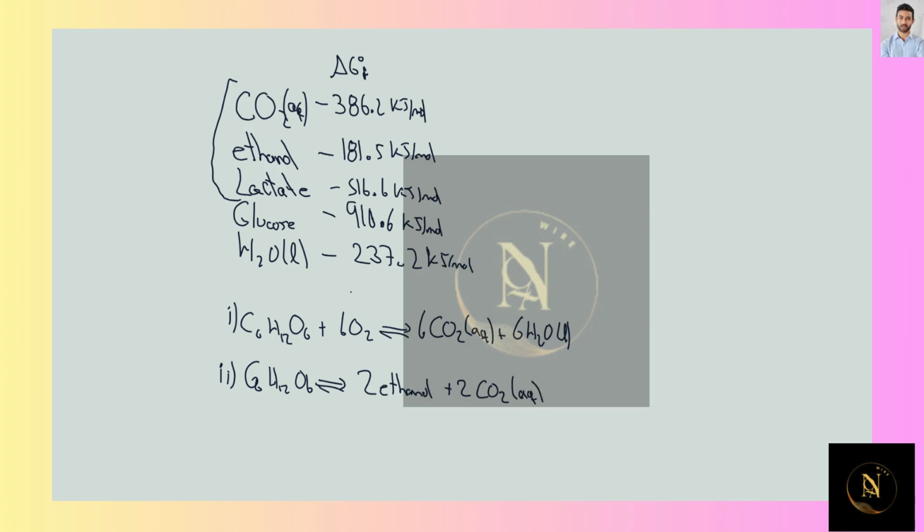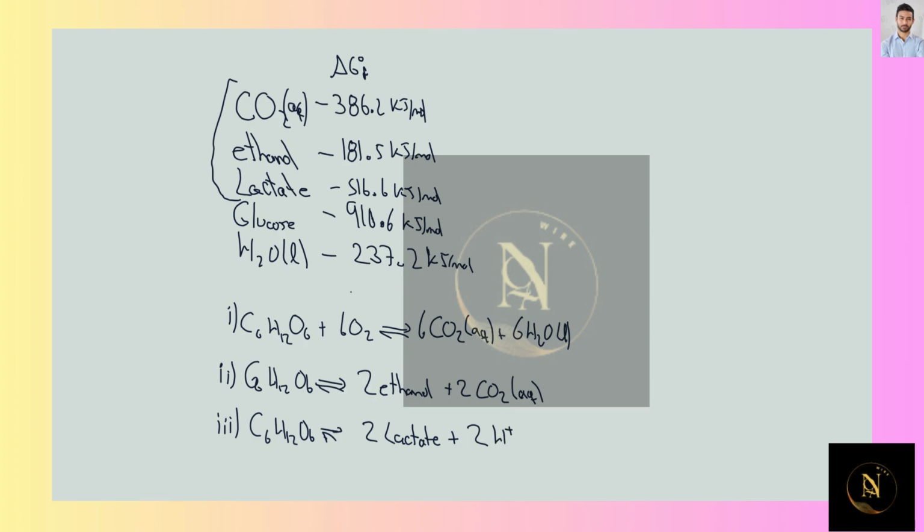And the final one is going to be the decomposition into lactate, which is going to look quite similar to the last one, but over here we're going to have C6H12O6 glucose in equilibrium with 2 molecules of lactate plus 2H+.